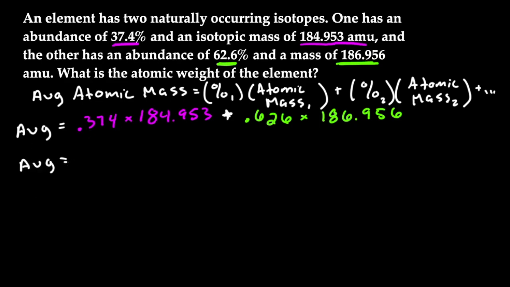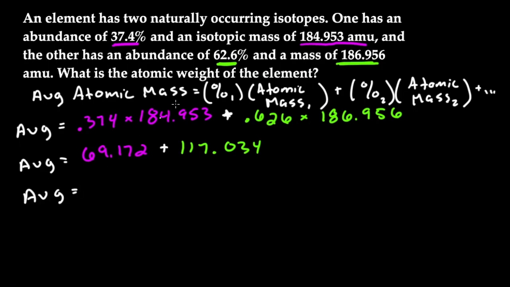It's going to be equal to this first one, which is 69.172, and then we're going to add that to this next one, and that next one is going to be 117.034. And so now we'll just add those numbers up.